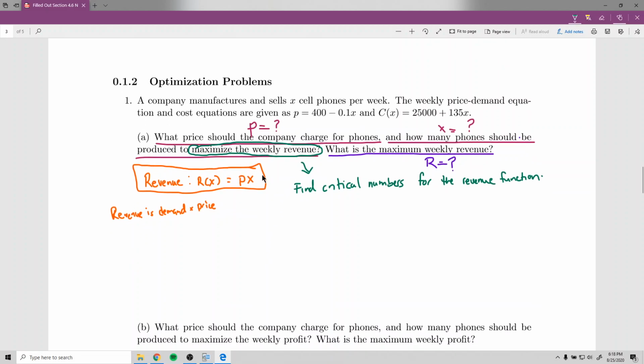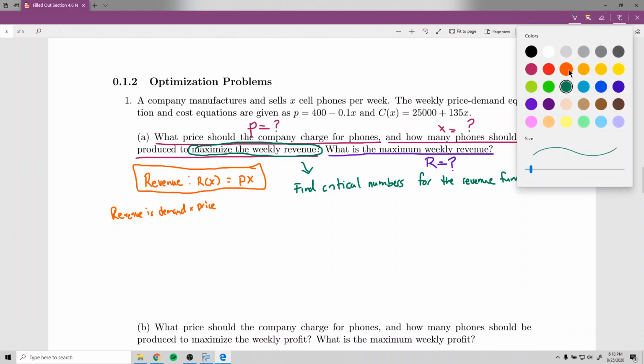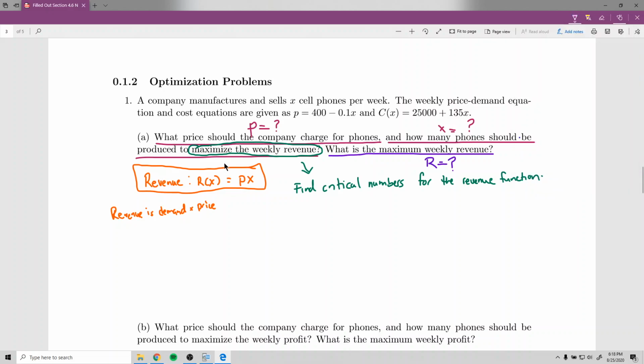Now, the first thing to do if you want to maximize the revenue function is actually plug in your price formula here. Right, so revenue is P times X, but we don't know how to do the derivative with more than one variable here. So we need to plug in P equals 400 minus 0.1x first.